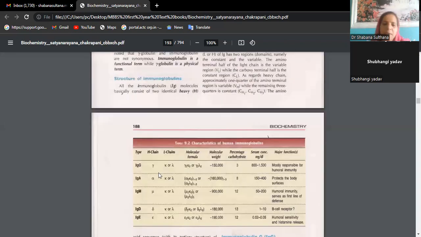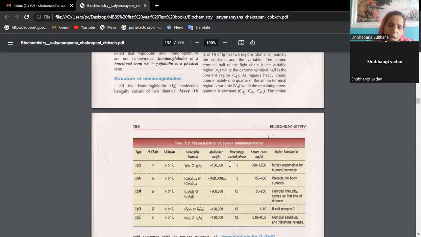So names are given. Suppose if it is immunoglobulin G, heavy chain is named gamma. Light chains can be either kappa or lambda. Molecular formula is gamma 2 kappa 2 or gamma 2 lambda 2. Molecular weight is 1,50,000.